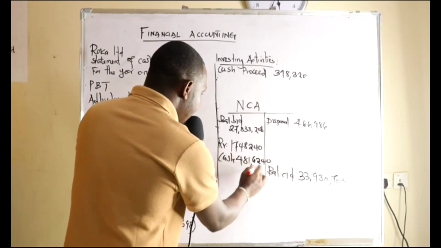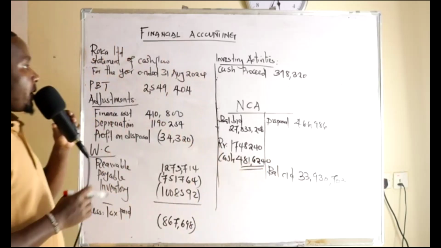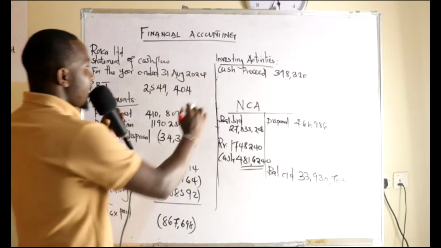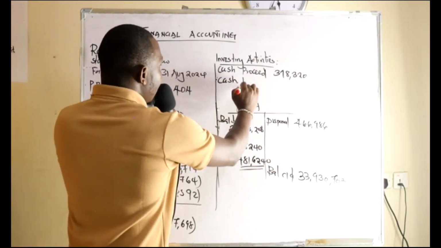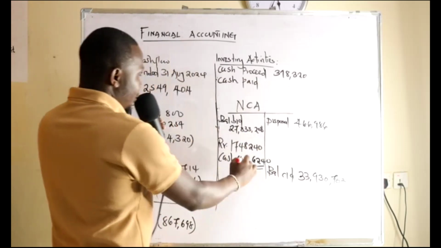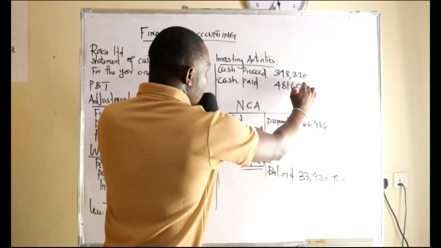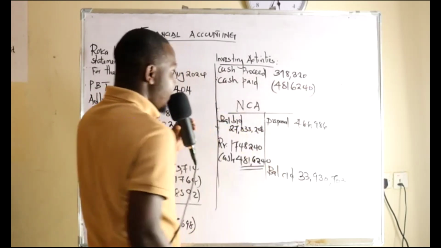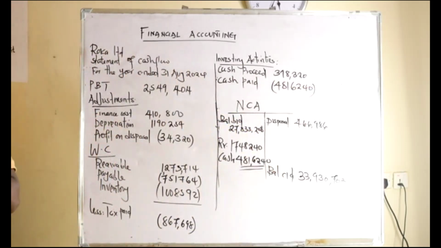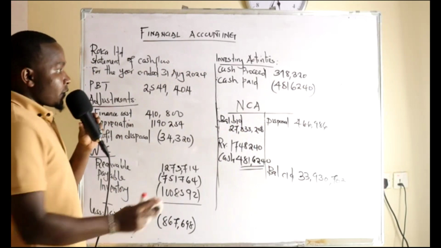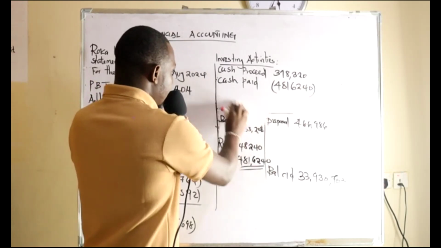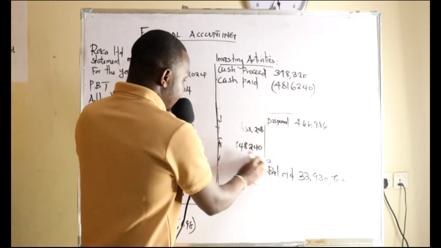So this is the cash they used to acquire this non-current asset. So come here and say cash paid, which is 4,816,240. Don't forget it is a negative. So we have done with the investing activities.